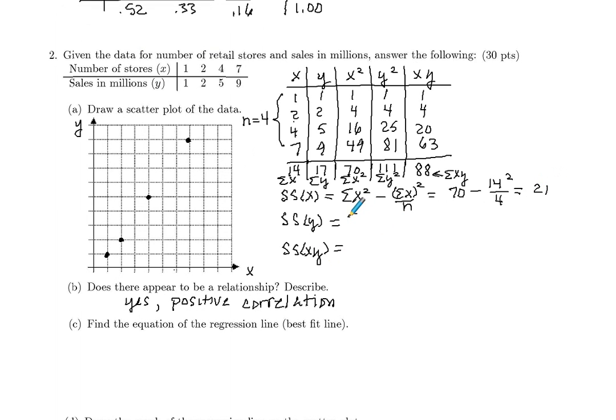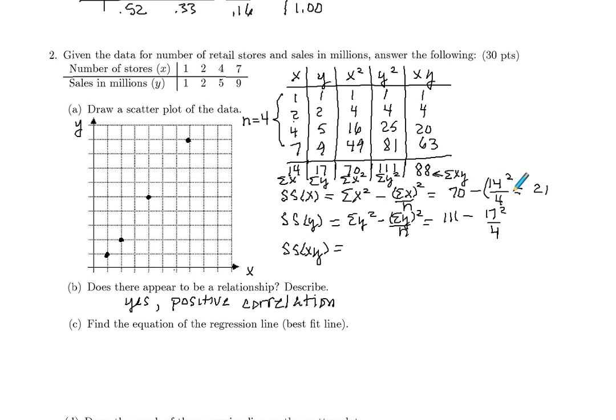And then down here, do the sum of the y squares minus the sum of y, and that gets squared, and divide by n. So the sum of the y squared column, that's the 111, minus the sum of the y's is 17, so 17 squared divide by 4.